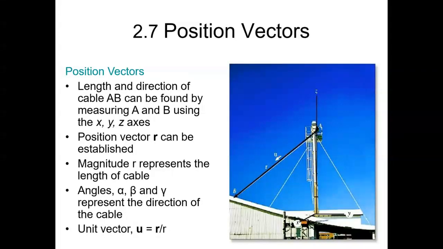What about the unit vector? The unit vector is the parent. It is shared between the position vector and the force which is developed inside the cable. In simple terms, if you have direction cosines, alpha, beta, gamma, you can construct the unit vector. Or if you have the position vector and its magnitude, just normalize the position vector.